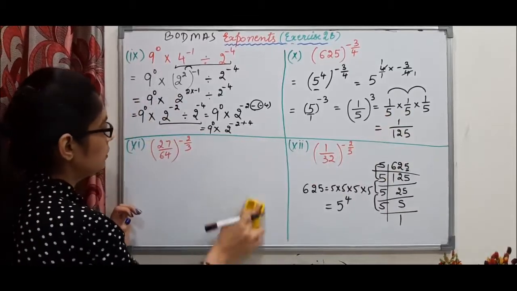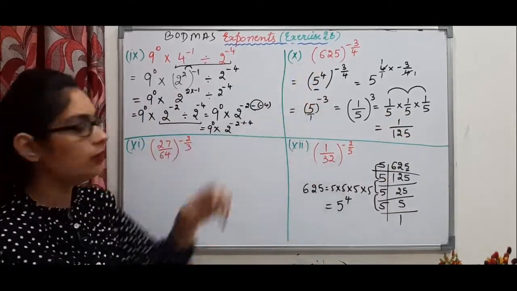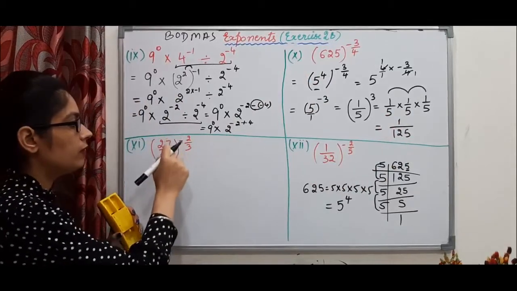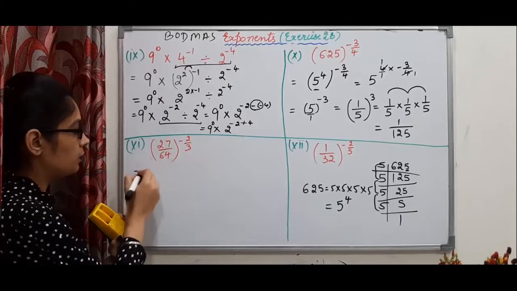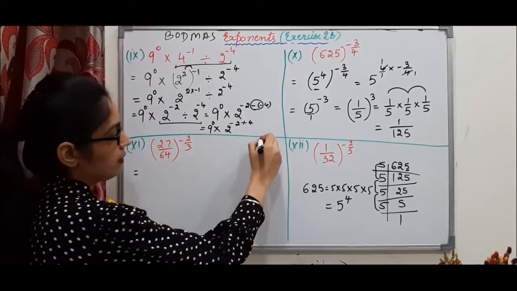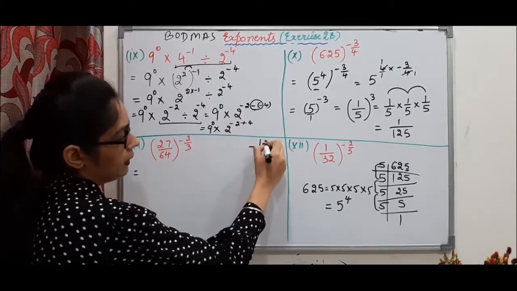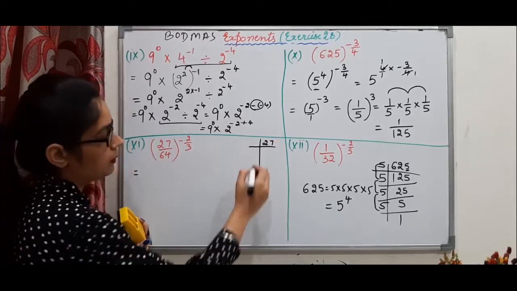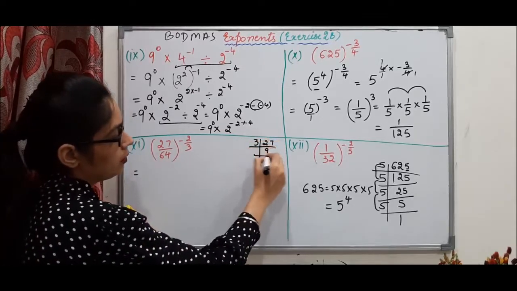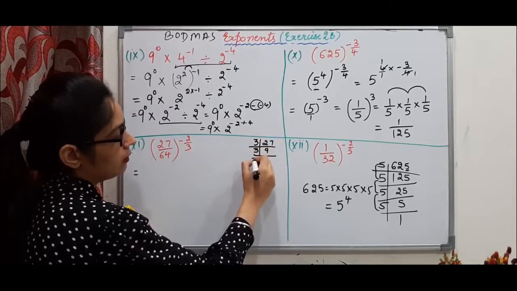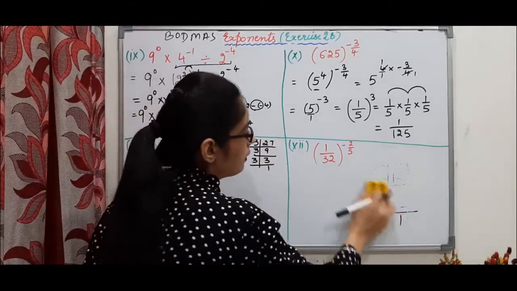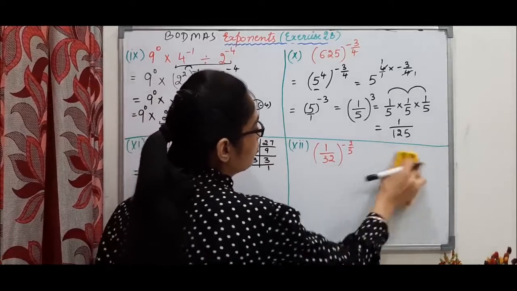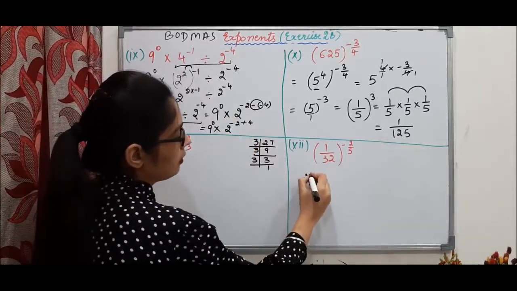So this one is similar to this one. Power is in fraction and numbers are big, so we can write these numbers in their exponential form. So 27, it will go on 3's table. So 3 into 9, 3 into 3 and 3 into 1. So 27 can be written as 3 into 3 into 3, 3 times 3.